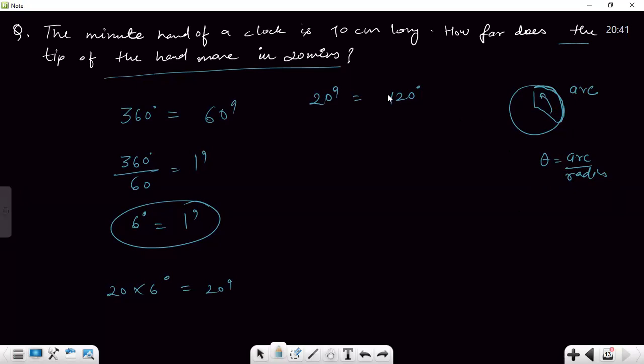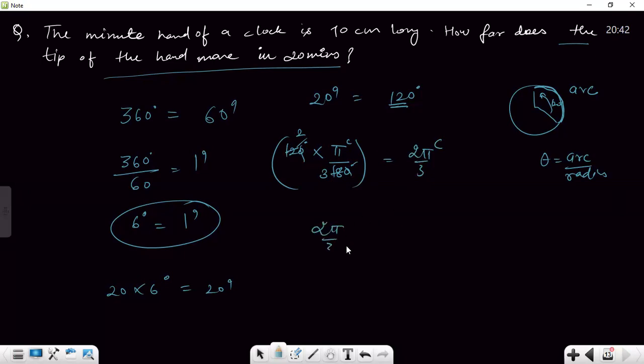So we have got the angle 120 degrees. Let's convert 120 degrees into radians by multiplying by pi and dividing by 180 degrees. The degree cancels, and 12, 6 twos are 12, 6 threes are 18. So that becomes 2 pi by 3 radians.